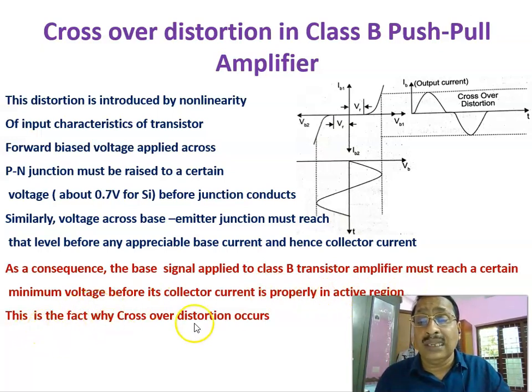This is why crossover distortion occurs. Only when the base-to-emitter voltage goes above the cut-in voltage of 0.7 does conduction start, with base drive coming and then output. That is why during a certain duration you get zero current, and this is what we call crossover distortion.